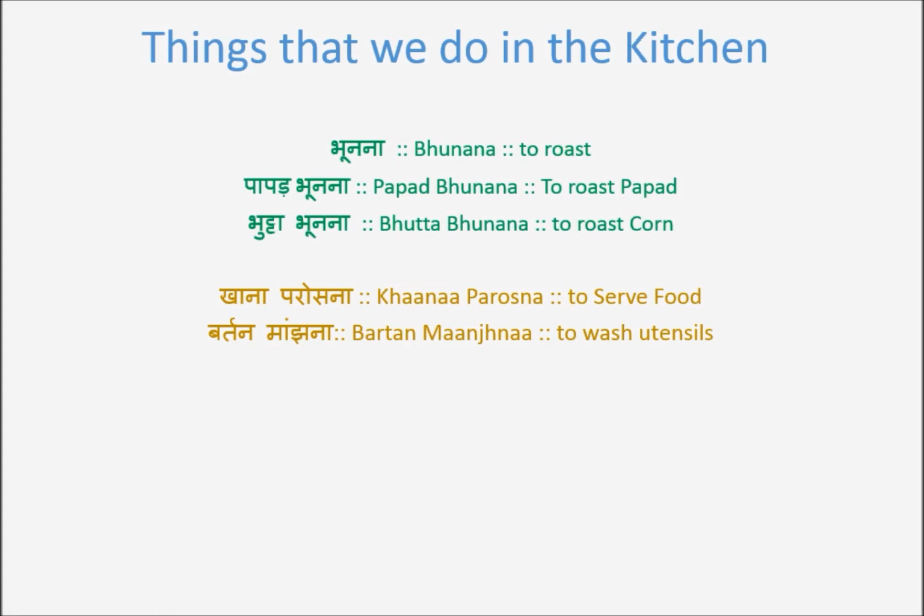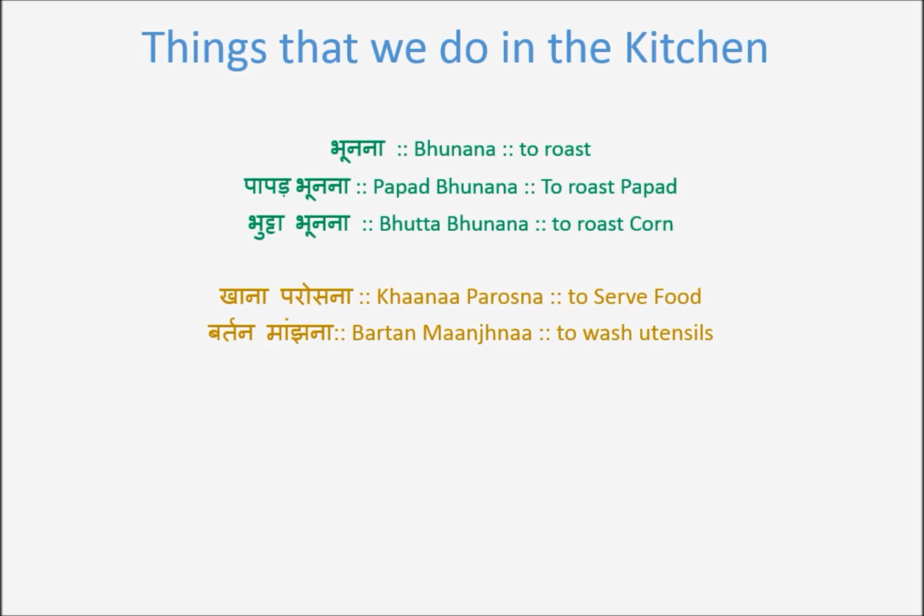So today's session talked of all the processes done in the kitchen for food. That was right from chawal dhulna and washing the vegetables, washing the chawal, then chawal chadhana, dal chadhana, right?